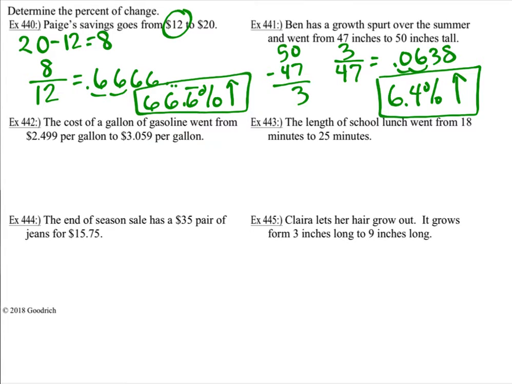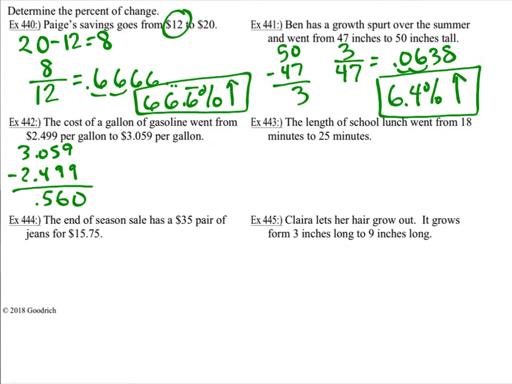Example 442. The cost of a gallon of gasoline went from $2.499 per gallon to $3.059 per gallon. So first we need to figure out how much it changed. So 3.059 minus 2.499 gives us, what would that be? I'm going to check this with a calculator.